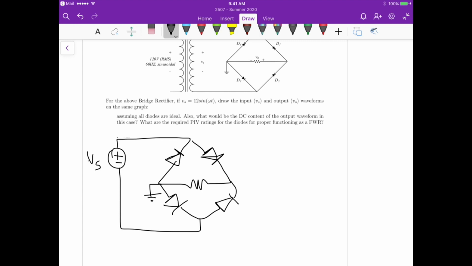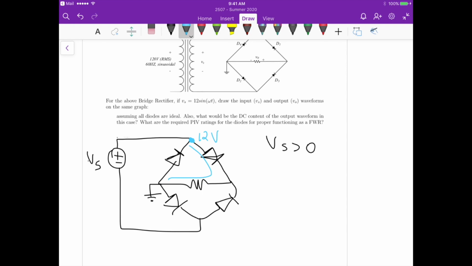Now, during the positive cycle, when we have Vs greater than 0, this potential here is greater. Suppose we have 12 volts here, right? So the current would flow in this direction here, right?